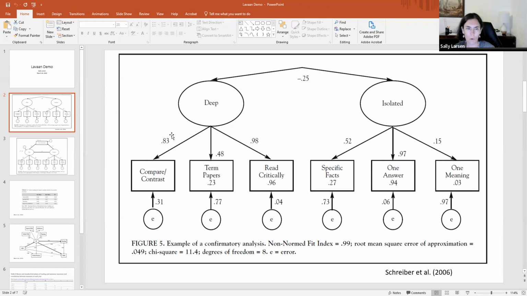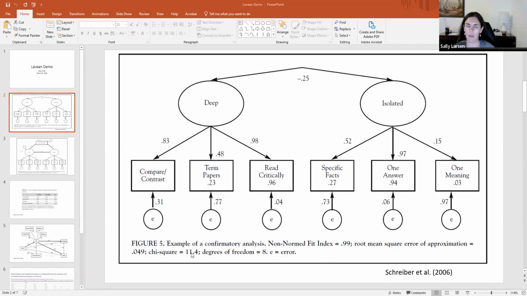And what you can actually do is then look at all of these. I'll just circle with my mouse. You can look at all of these factor loadings, and then you can go back to the output, and you can see that all those factor loadings are the factor loadings generated by that example of that model. And then you can also compare the fit statistics that we looked at with the fit statistics reported here.